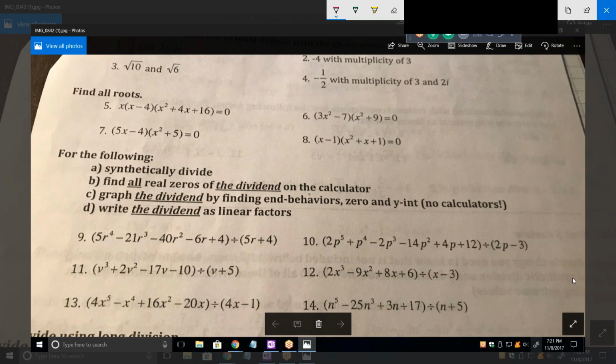Write the dividend as a linear factor. Okay. Are you familiar? You know how to do synthetic division? Yeah. Okay.